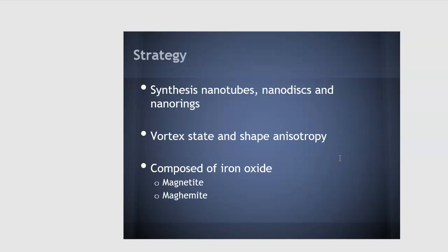But about the strategy: how can we study these vortex states and how are they useful in hyperthermia application? We prepared magnetic nanotubes, nanodiscs, and nanorings composed of iron oxide.